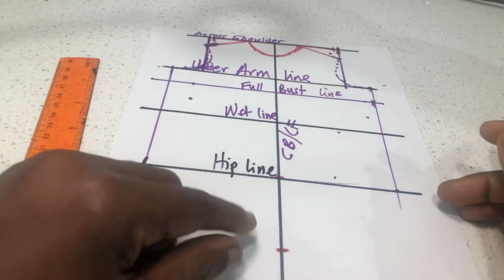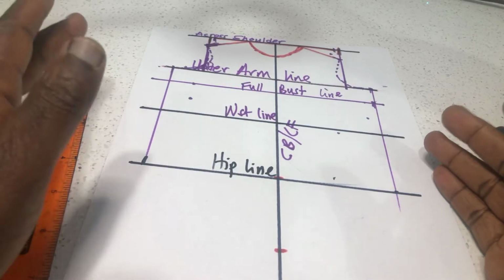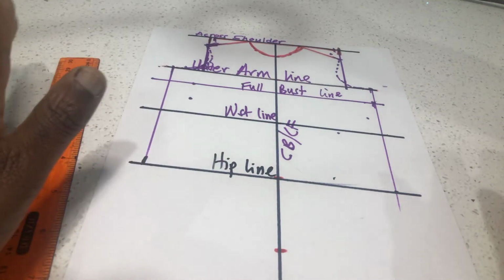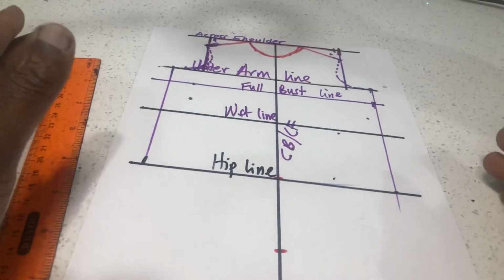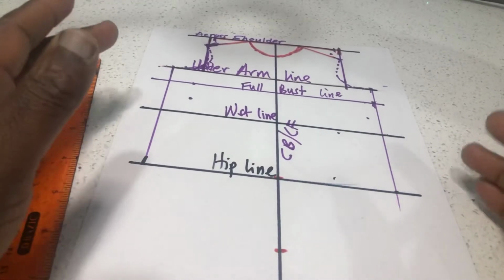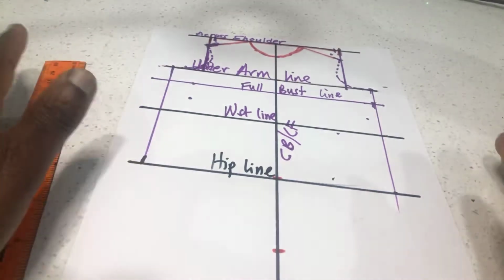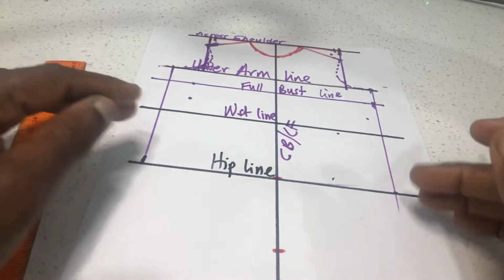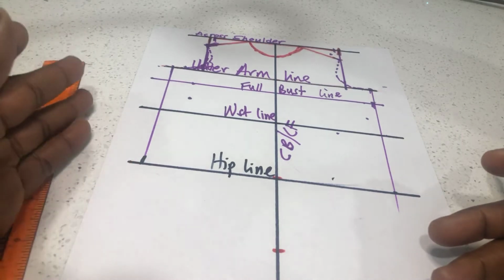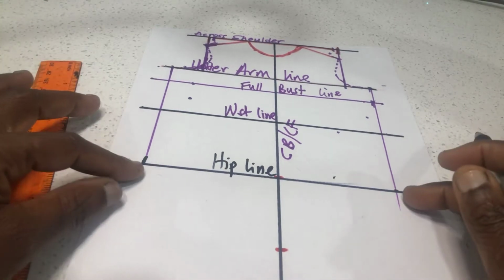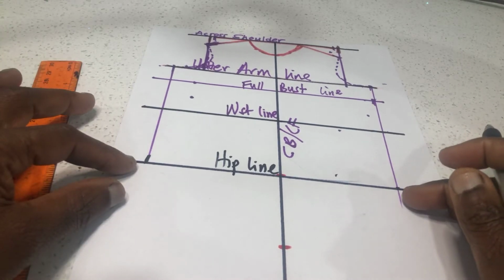Now the hip line is also significant in the sense that when you're dealing with a garment, depending on what you're working on, of course we are focusing on the top, but if you're making a dress or a pair of pants, then the hip comes into play. If you're making a top, you don't have to worry about going below the hip line, but as a top, this is where you want to make sure this is significant.